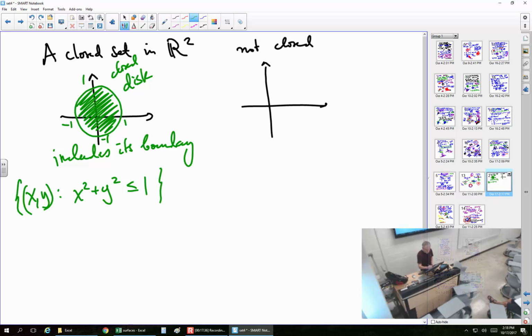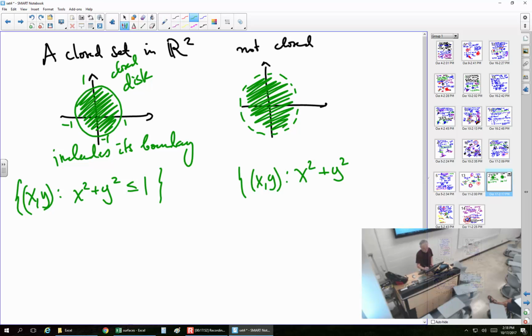Okay? Now an open disk is almost the same, so it's also a circle, and it includes all what's inside, but it does not include the boundary. Okay? So the definition of this set will be strictly less than 1. Okay, so that's how we exclude the boundary.